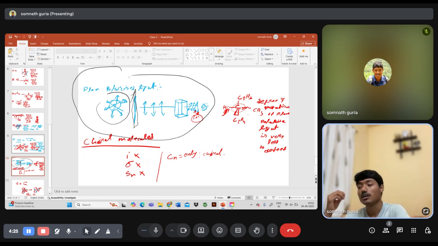As we know, light has a wave form, a sinusoidal kind of wave, so it can oscillate in a particular axis. Suppose this is the axis of my light direction, and this is the direction of oscillation of my light, something like a sinusoidal wave.